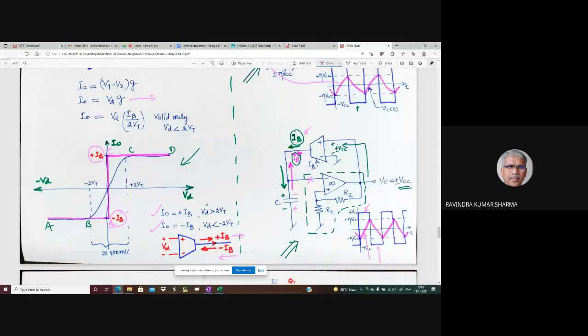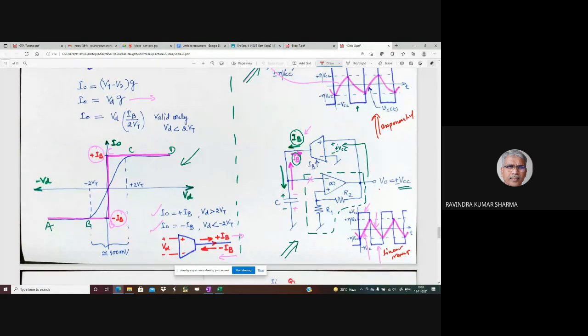When there is negative IB, there is a negative going ramp across the capacitor. तो जो ऊपर यहाँ पर आपको एक्सपोनेंशियल वेव फॉर्म मिल रही थी, here you get exponential. In the same circuit, when I replace the RC by OTA and C, I get linear ramp.